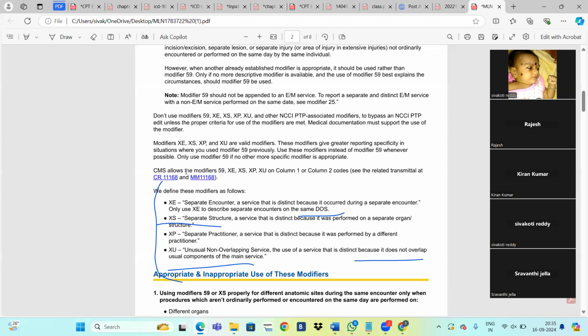When will you use the X series modifiers? CMS allows these instead of modifier 59. The 59 modifier is divided into four subunits: XE, XS, XP, XU. Same meaning.